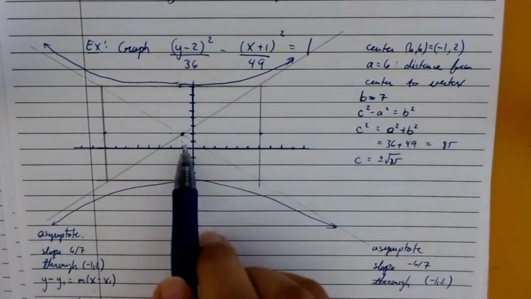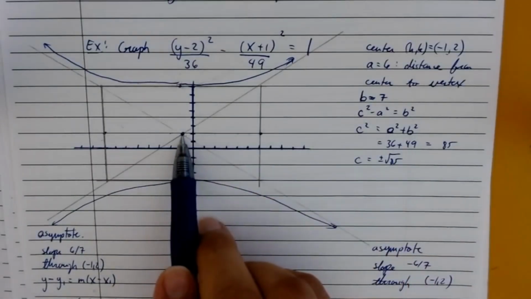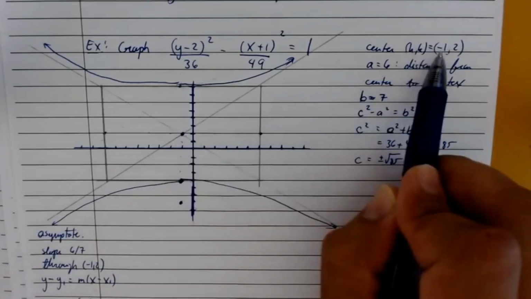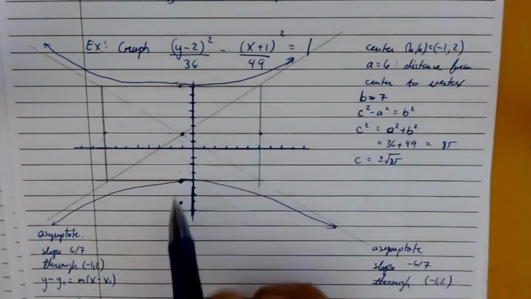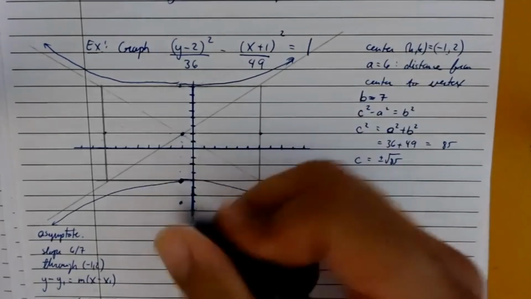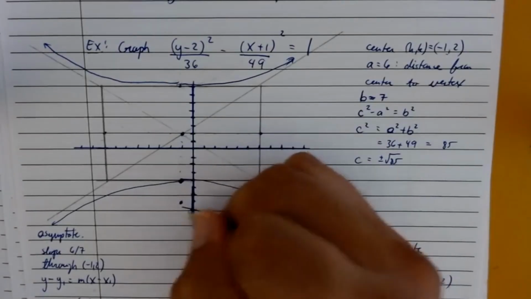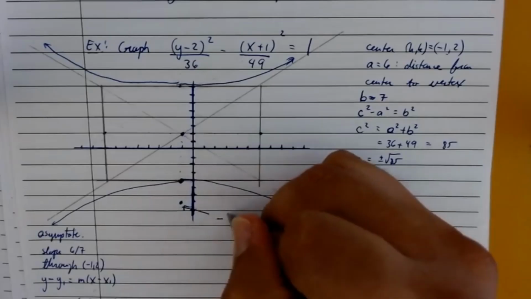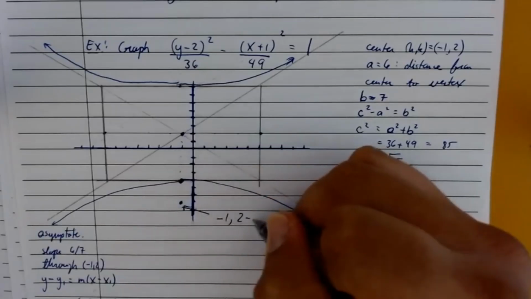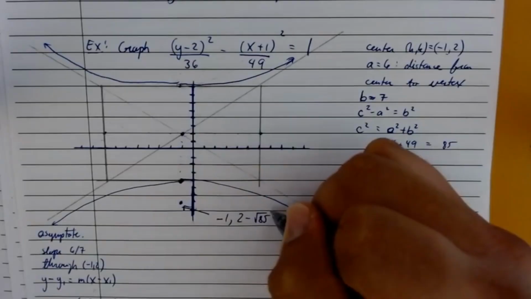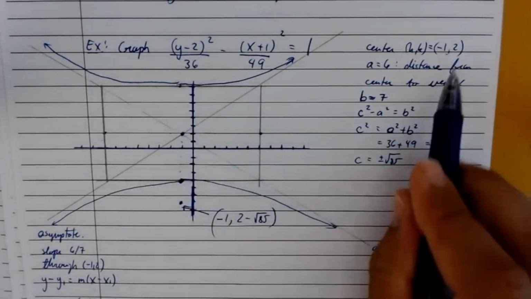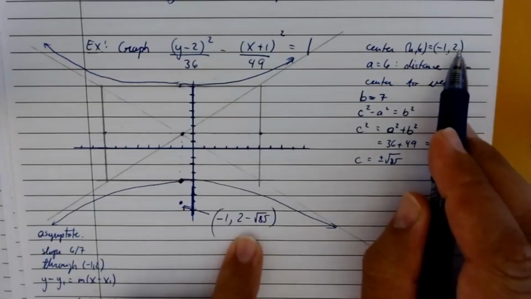That one is at -1, 2 minus root 85. The -1 is going to stay the same because you didn't move left or right. Your x value remains the same, but you're going to go down that many steps. The -1 stays the same, but you're going to go down root 85 from 2.